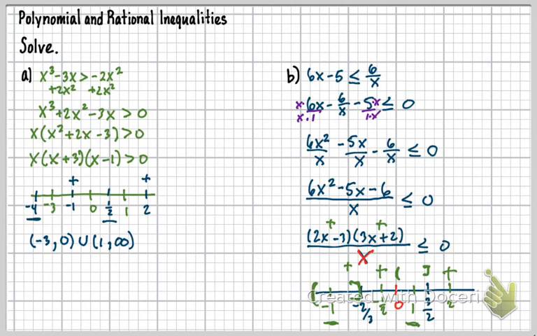So now I'm actually going to put the values in, and I'm just going to do it to the right of the problem here, so you can see it. So this is going to be negative infinity to 2/3 bracket. Oh no, I ran out of room. All right, I'm going to move it down here. Okay, there.